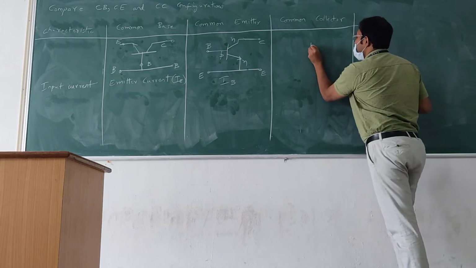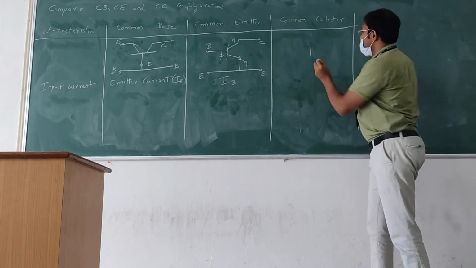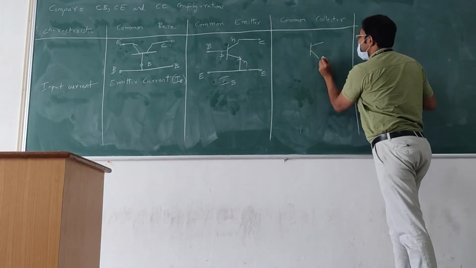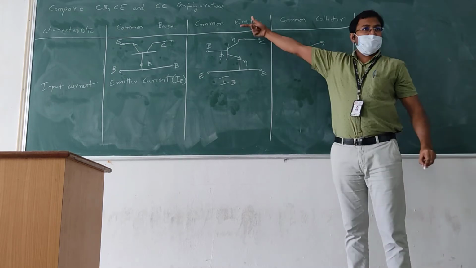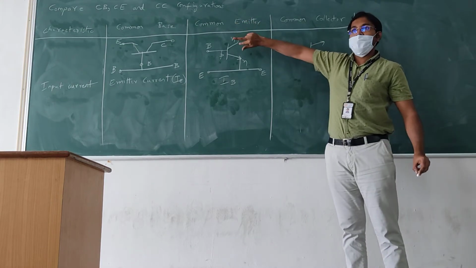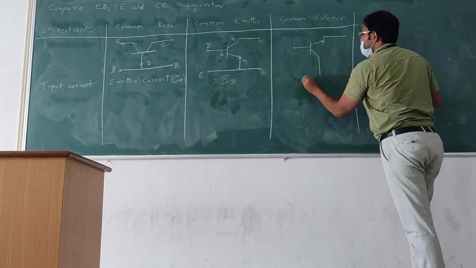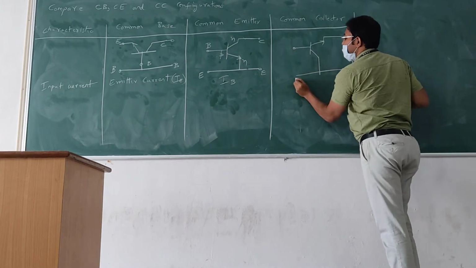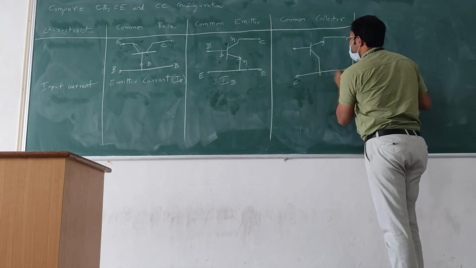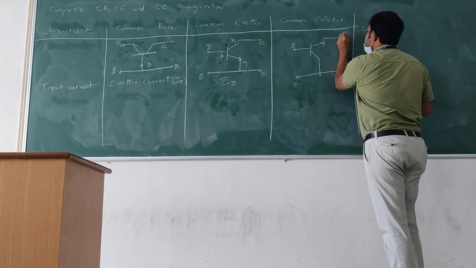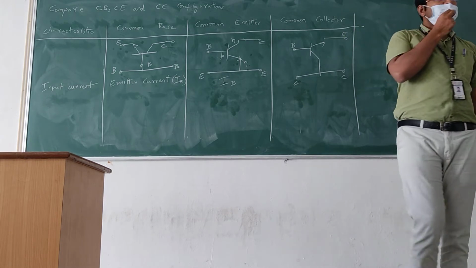Okay, let us draw common collector. See, for common collector, you have to remember, simply flip this. So collector is common. This is base, this is emitter.